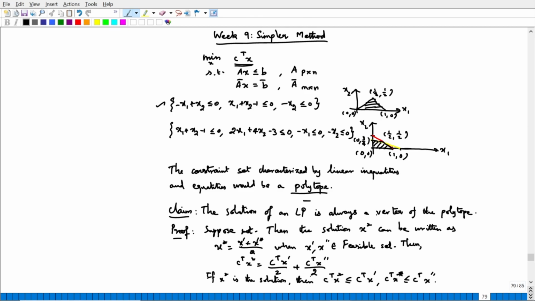And so on. Okay. So substituting that back here, C transpose x dash is greater than or equal to C transpose x star. So that is C transpose x star by 2 plus this again is C transpose x star by 2, which is C transpose x star. So this is possible only if C transpose x dash equals C transpose x star and C transpose x double dash equals C transpose x star, right.